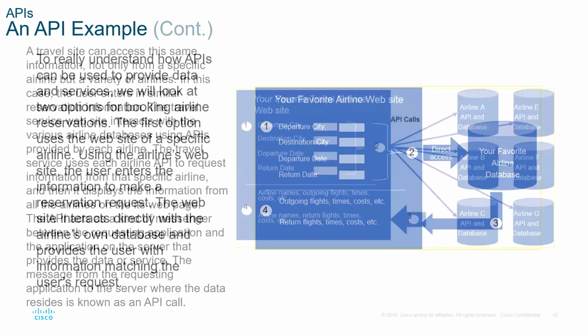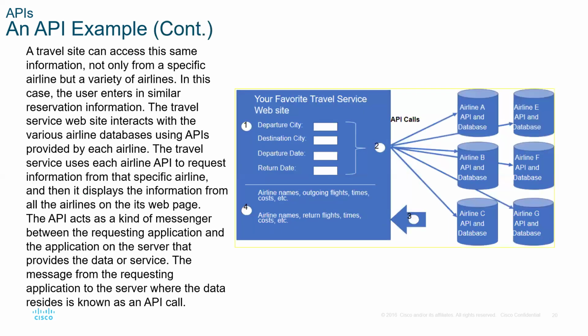But if you have an API, it can run for airline A, airline B, airline C, D, E, F, G. It goes and gets information from all those websites, all those databases, different databases. Then it returns that information.